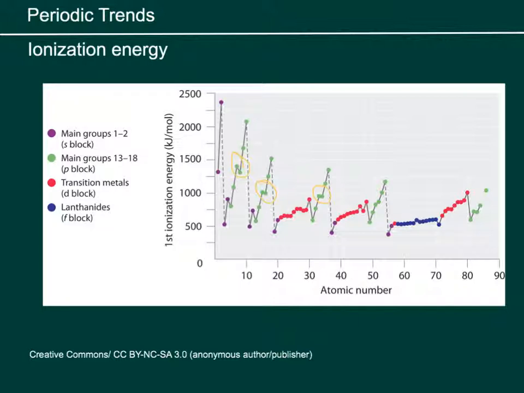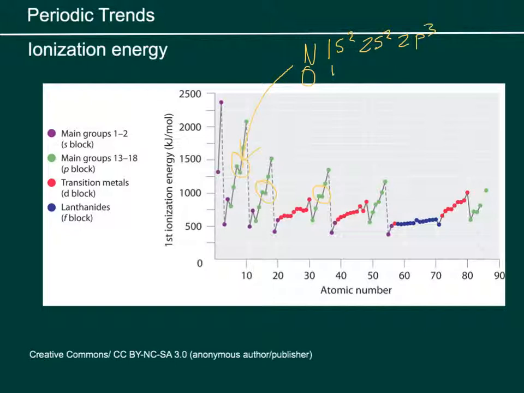In the case of this first one, we are looking between nitrogen and oxygen. If we were to write out nitrogen, it's going to be 1s2, 2s2, 2p3.